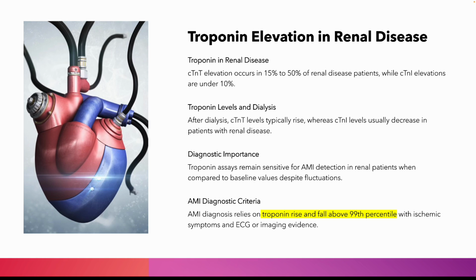That's why clinicians have to be careful in interpreting these results. And again, away from renal disease in general, acute myocardial infarction diagnosis relies on a troponin above the 99th percentile, and there has to be this rise and fall pattern that we'll be showing in a moment.